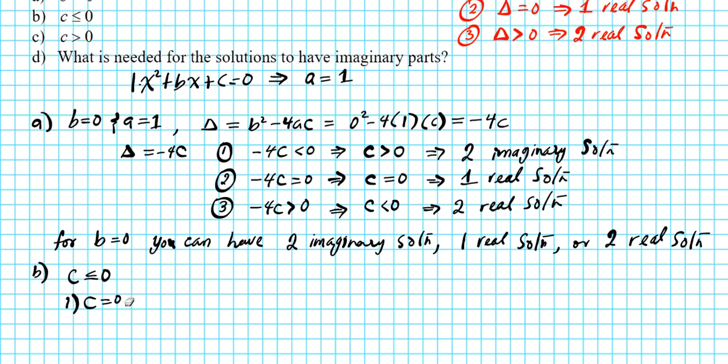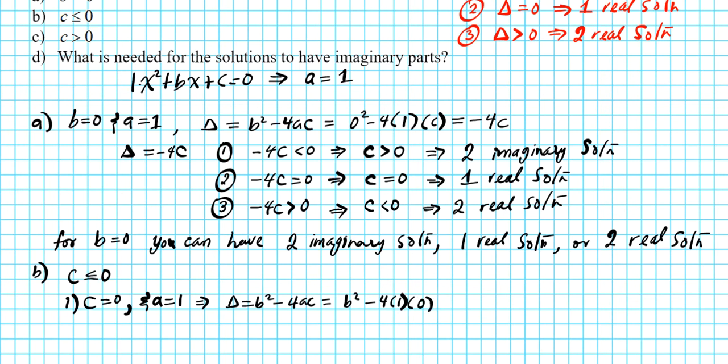Alright, so c is equal to 0. We know that a is always going to be 1. Now, what's the discriminant going to be? The discriminant, which is b squared minus 4ac, is going to be equal to b squared minus 4 times a, which is 1, times c, which is 0.